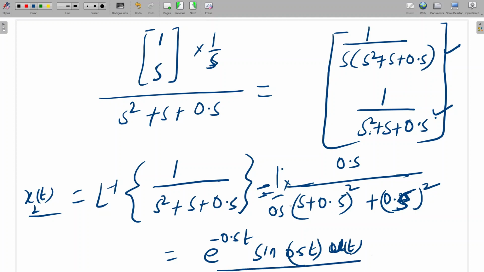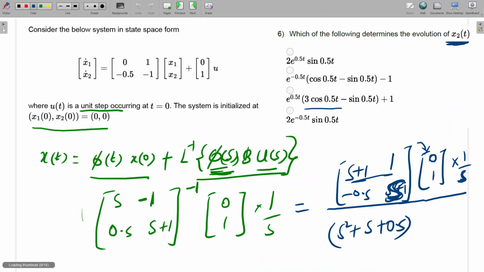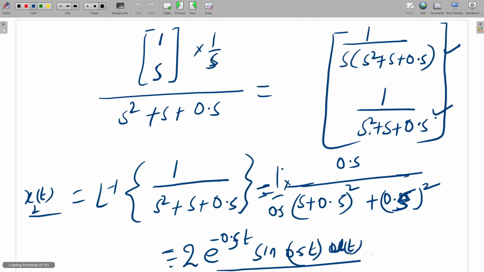And this 1 by 0.5 will become 2. Is it clear? So 2 e to the power minus 0.5 t, I think this will be the correct option: 2 e to the power minus 0.5 t into sine 0.5 t. So we have just converted this into the standard form. Is it clear to all?